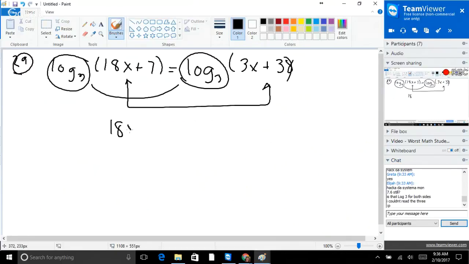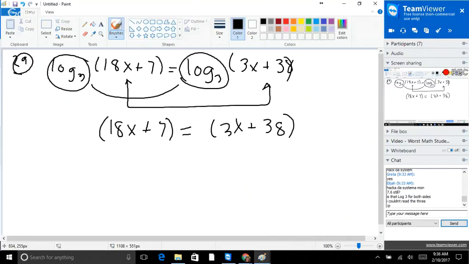And that means 18x plus 7 has to equal 3x plus 38. So as long as the logarithms are the same, you can just set whatever they're taking a logarithm of equal to each other and then solve.